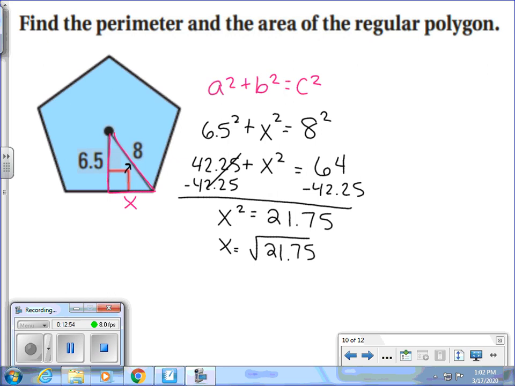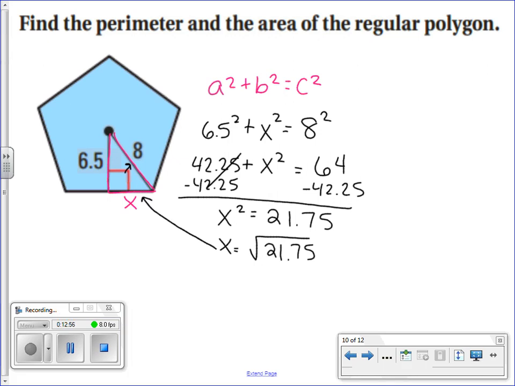Now remember, x is only half of our entire distance here. It's only half of it. So since it's only half of this, to find this here, we just have to double whatever x is. And so this distance then would be 2 times the square root of 21.75.